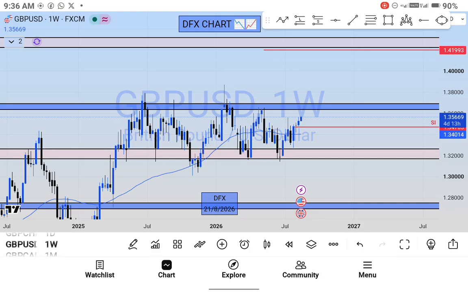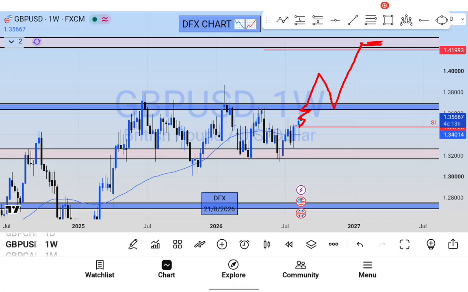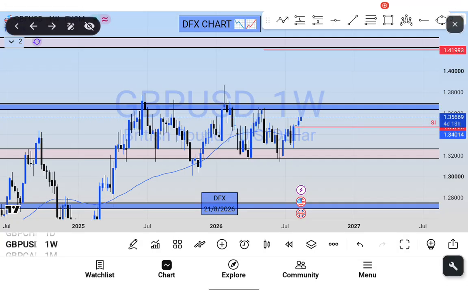So we don't know if this move, maybe this week and next week, once we get to this point, we're going to have a breakout. But once we have a breakout, we are heading to this monthly resistance.